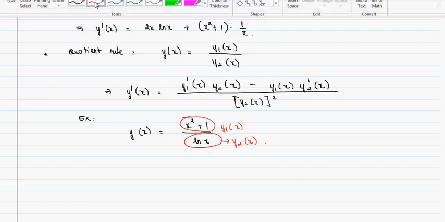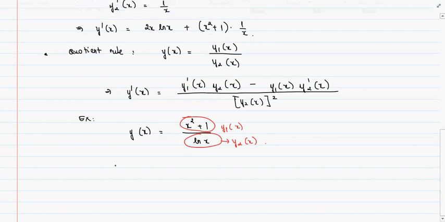We know from previously that the differential of the function y1 of x is equal to 2x, and the differential of y2 of x is equal to 1 on x.